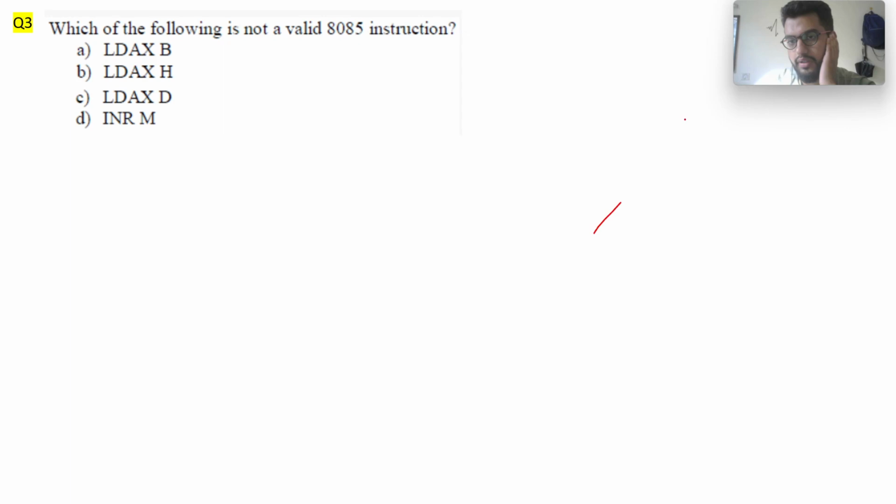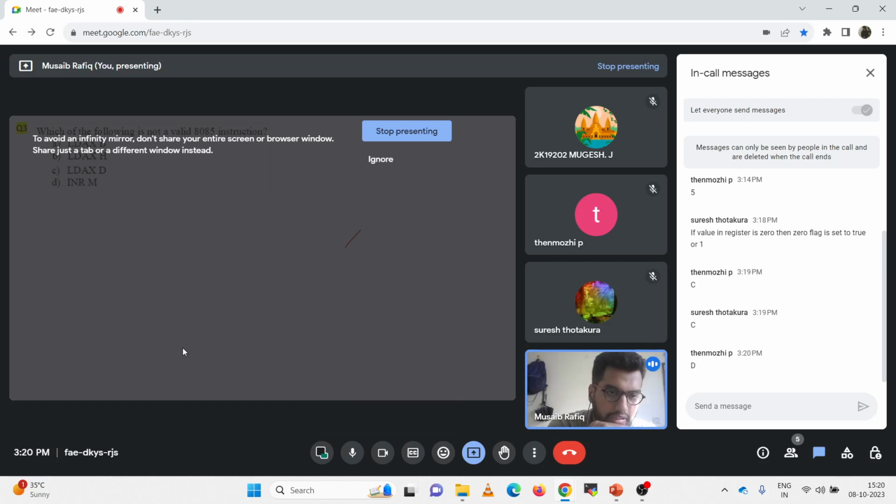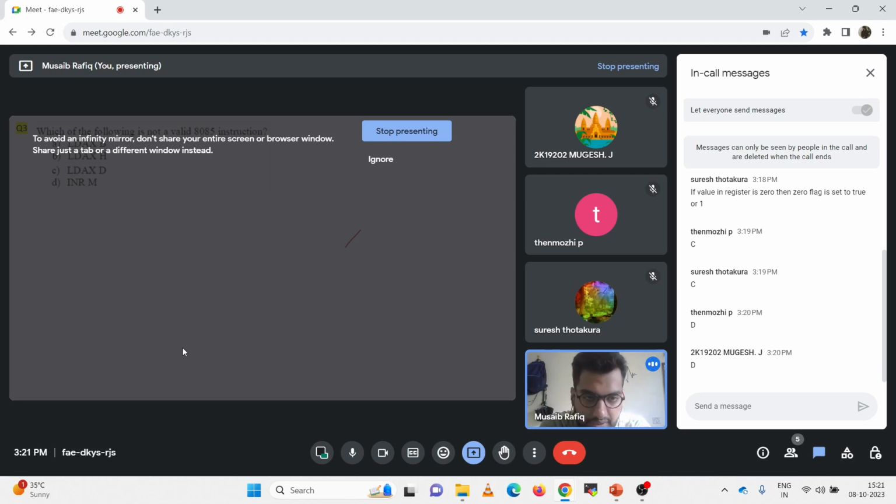Can anyone tell me the answer to this question? I see some of you have written in the comments. People are writing D, yeah? Question 3. I'm asking for question 3: which of the following instructions is not a valid 8085 instruction? D? No. Let me just tell you.